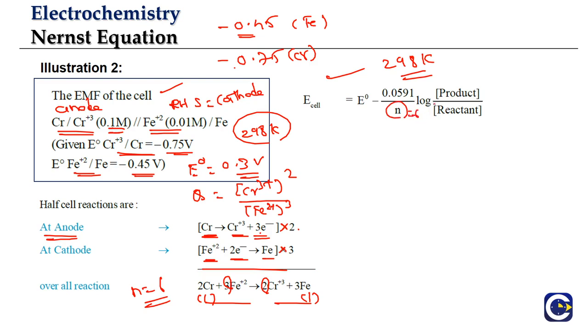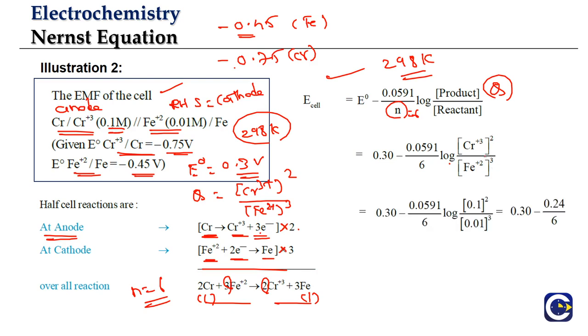It will be 6, times log of the Q value, basically product concentrations by reactant concentrations. The E naught value is 0.3 minus 0.0591 by 6 log of chromium 3 plus ions squared divided by iron 2 plus ions cubed.